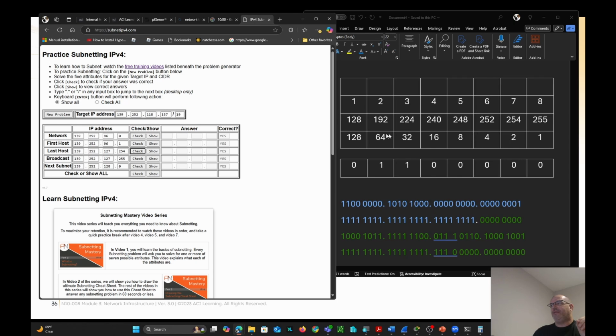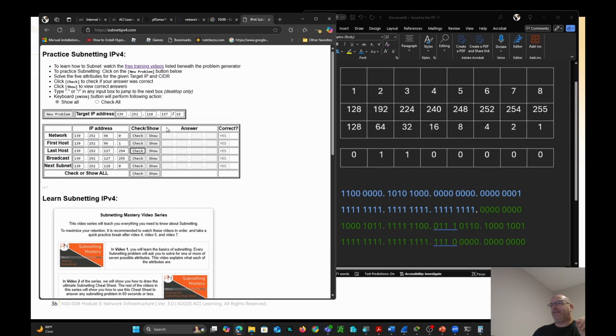So what does that mean? It means that 118, this is probably a bad example, but let's say 139, right? So 139, I automatically know that I can start counting from 128.